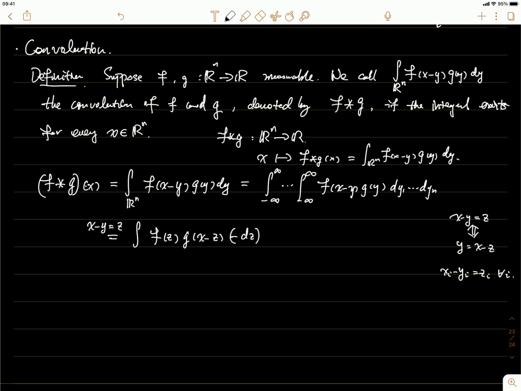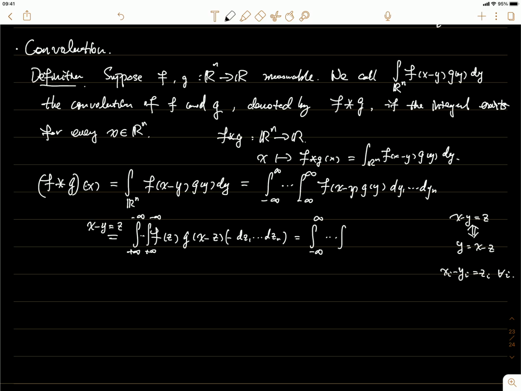So the integral here is actually the negative times dz1 through dzn, and here we'll have the limits from positive infinity to negative infinity for each one of them. And then the negative can be pulled out, and for each one of them will just become this.